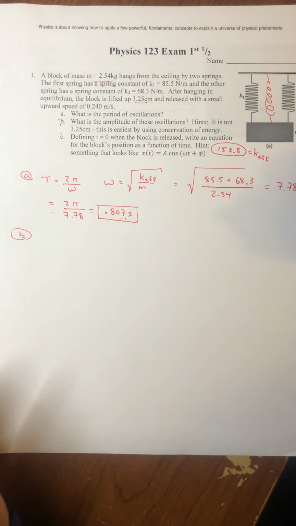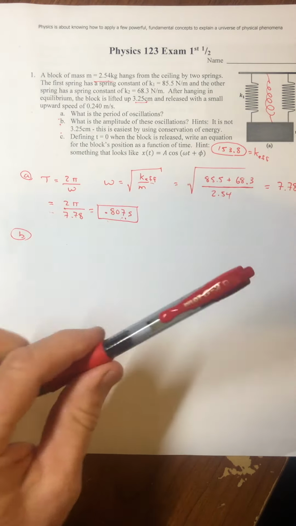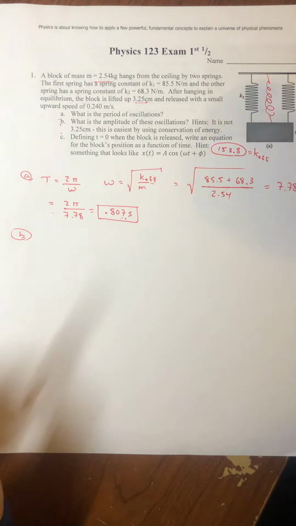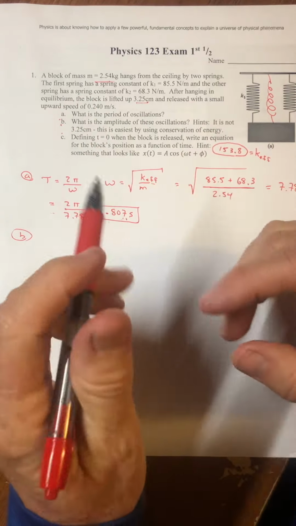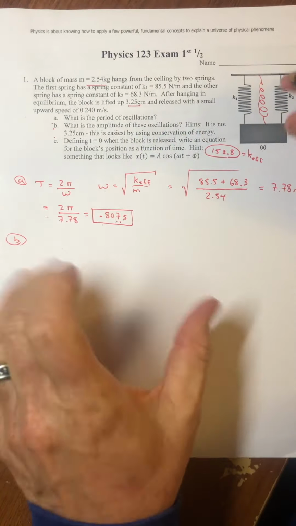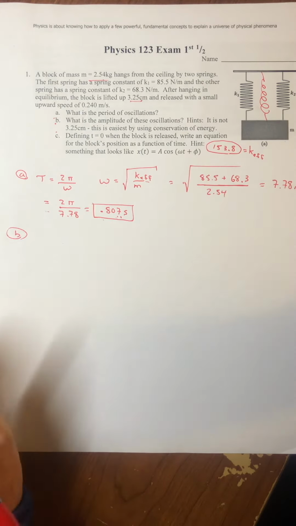Now, in case you're wondering about the gravitational potential energy, the mgh, keep in mind one thing we learned about vertical springs. We solved horizontal springs first, and in that case we didn't have to worry about gravitational potential energy or the gravitational force.